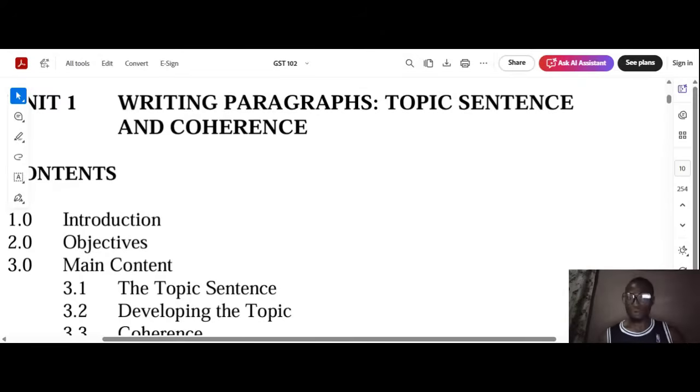For instance, if I want to teach you how to prepare the African soup, which is the egusi soup, let's assume, though that is, I think you call it melon or something, the egusi soup.